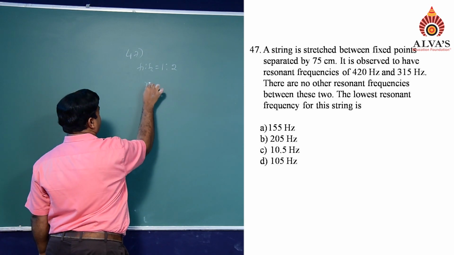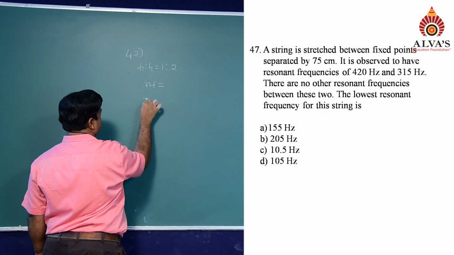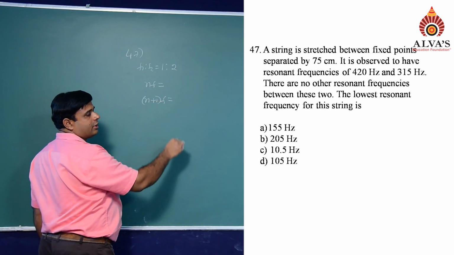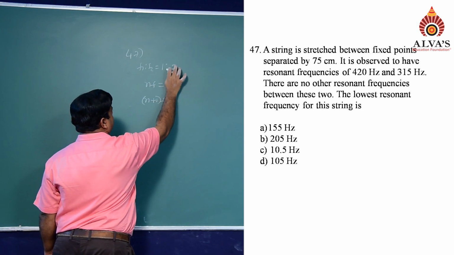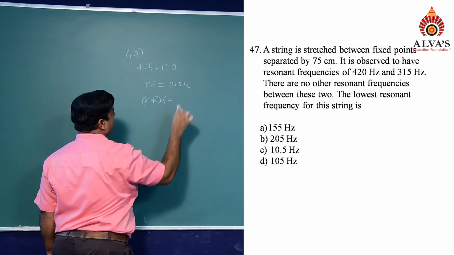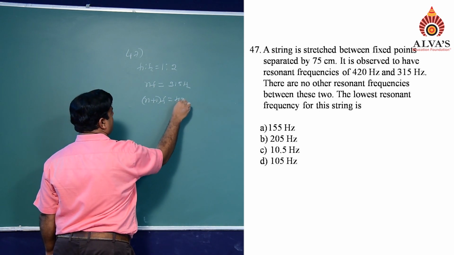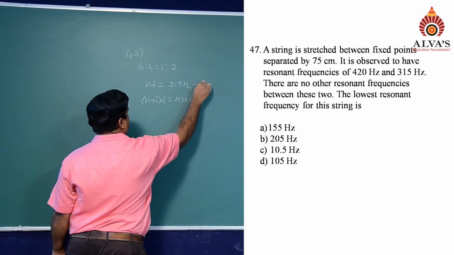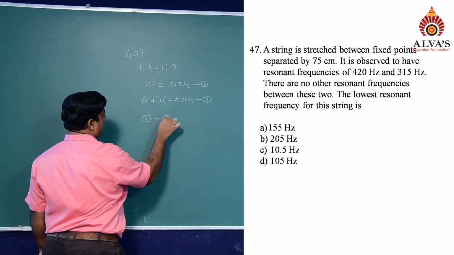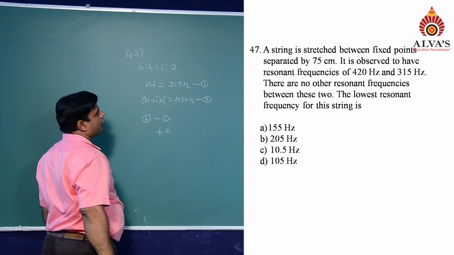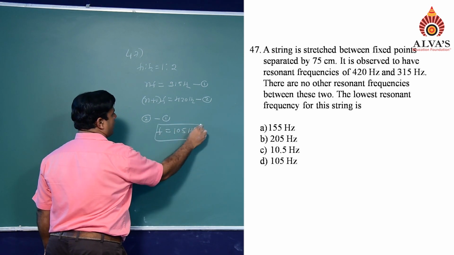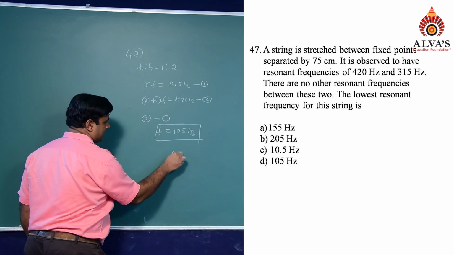If I take one frequency as n into f, another should be n plus 1 into f. n into f is 315 Hz, n plus 1 into f is 420. If I subtract 1 from the 2, we get f equal to 420 minus 315, which is 105 Hz. So, the answer is D.